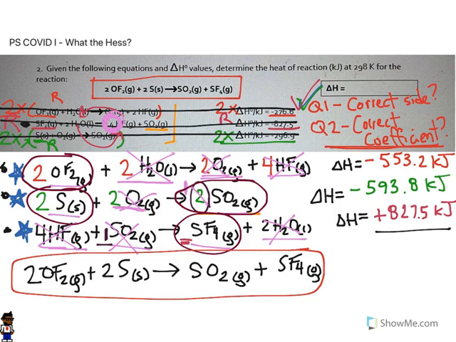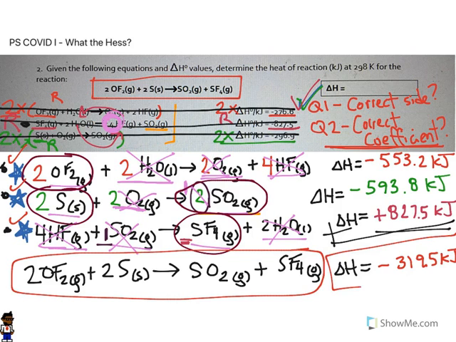And it turns out that it does. That means we've manipulated them correctly, and to find the delta H, all we have to do is add them up. So adding up these three numbers comes out to negative 319.5 kilojoules.